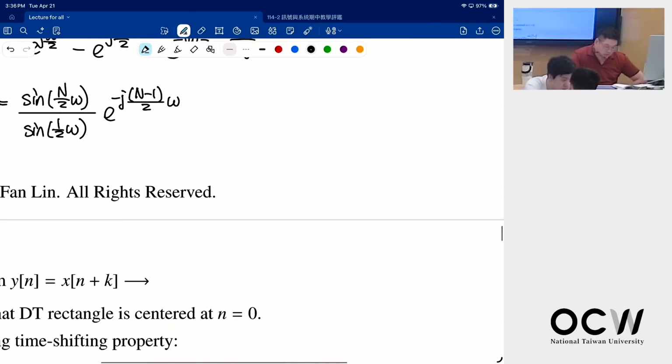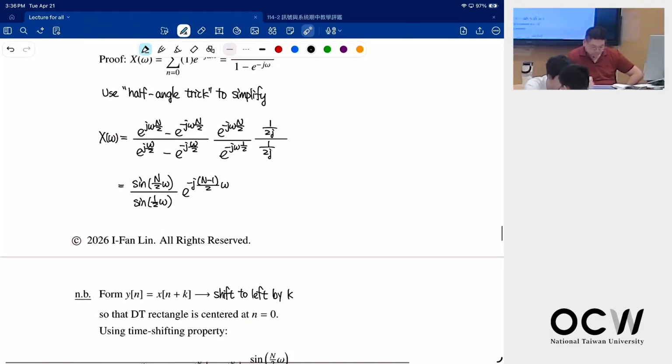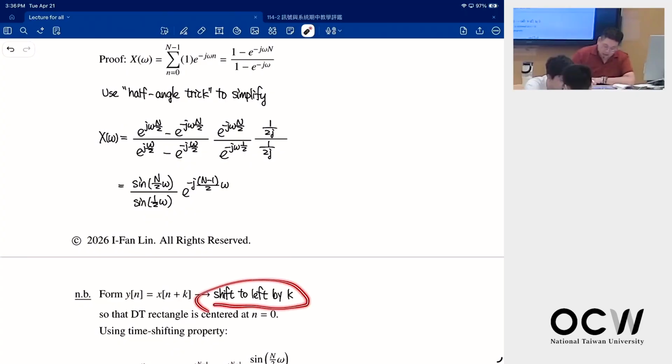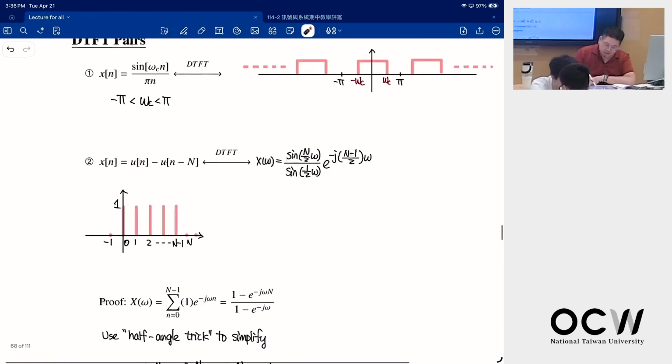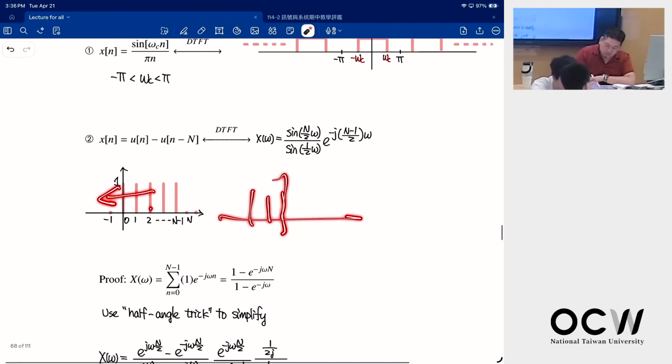So if I shift to the left by k, that means that my discrete-time rectangle will be centered at n equals 0. Here I shift to the left, so my rectangle will be in the middle.